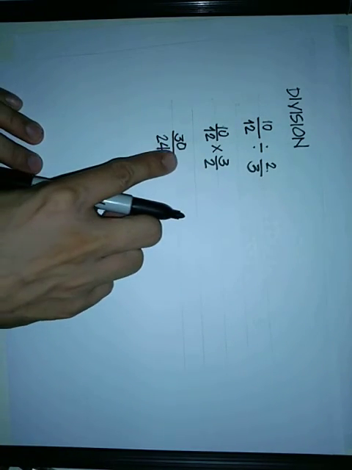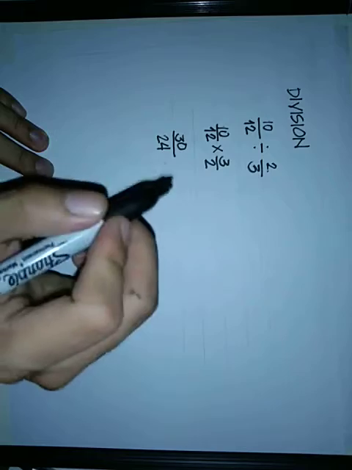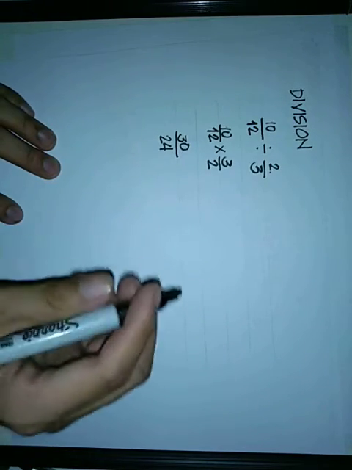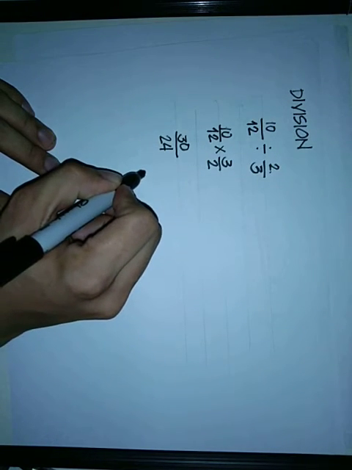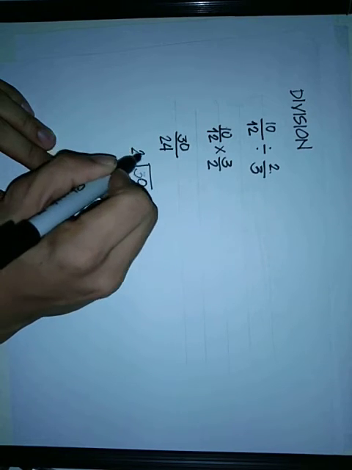So, ilan ba yung 24 sa 30? So, meron tayo. Gamitan ulit natin ang long method. Pero kung gusto niyo matutunan yung long method, meron tayo doon sa mga naunang video. So, we will have 30 divided by 24.